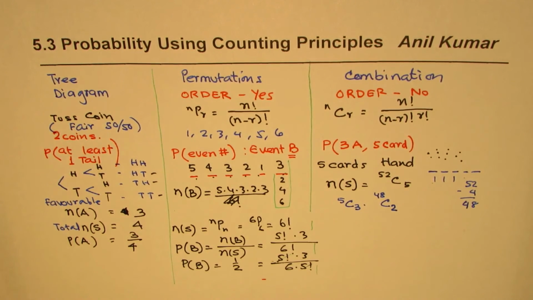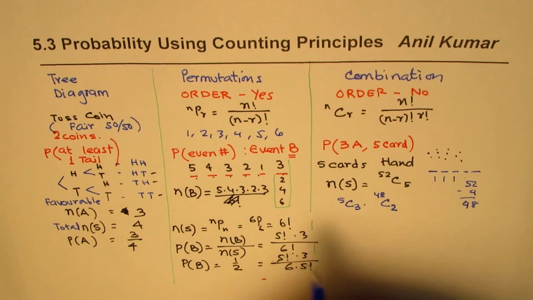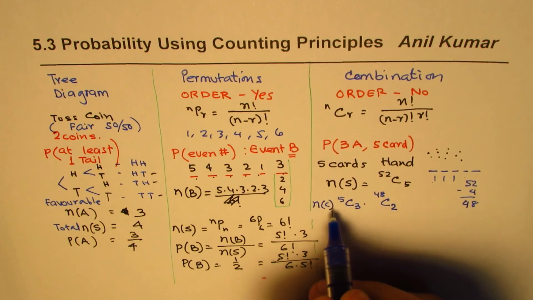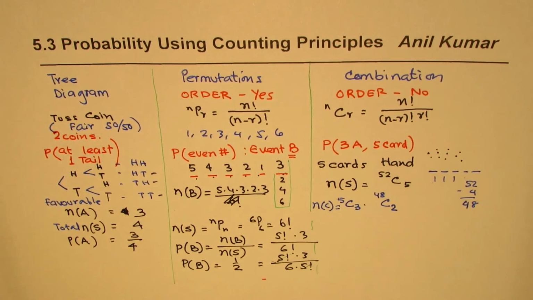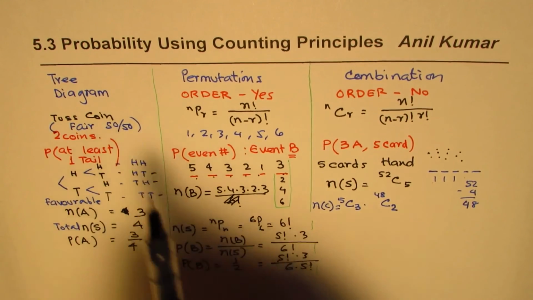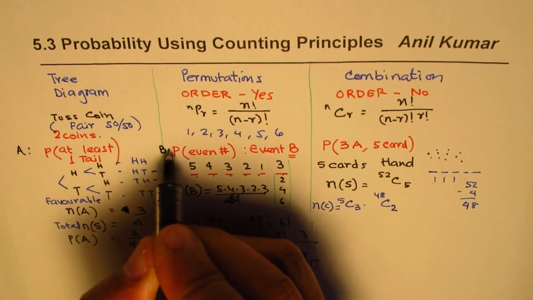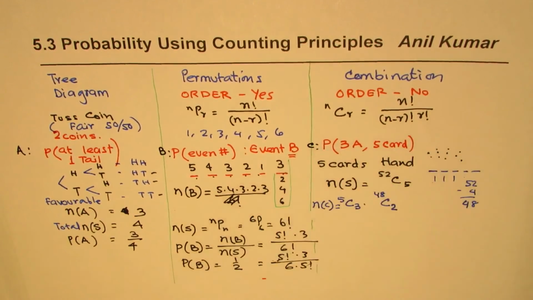So 48C2. That becomes the favorable for event C. Do you see that? So this was event A for us, this is event B, and this is event C. Normally every event is given a capital letter name, correct?